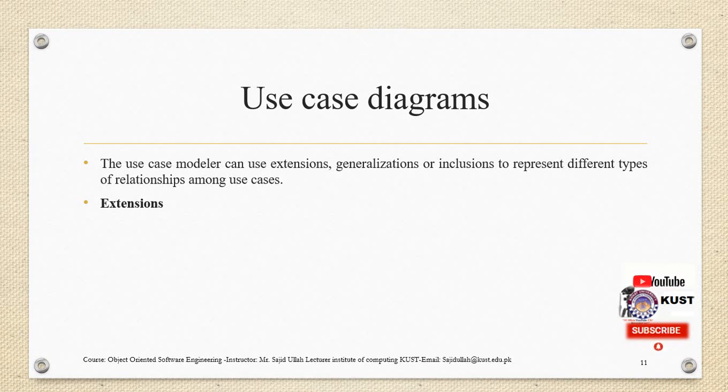The use case modeler can use extensions, generalization or inclusion to represent different types of relationships among the use cases. First is extension. Extensions are used to make optional interaction explicit or to handle exceptional cases.